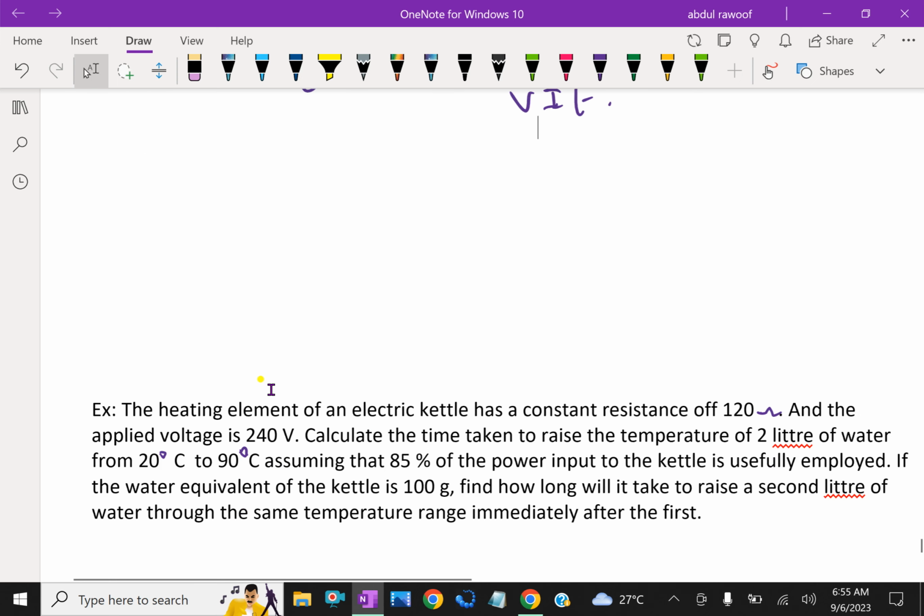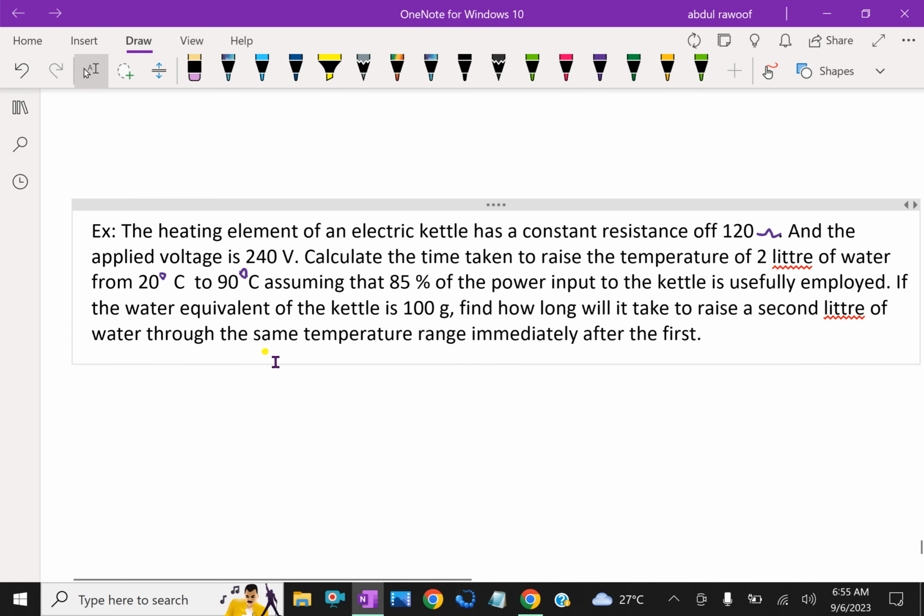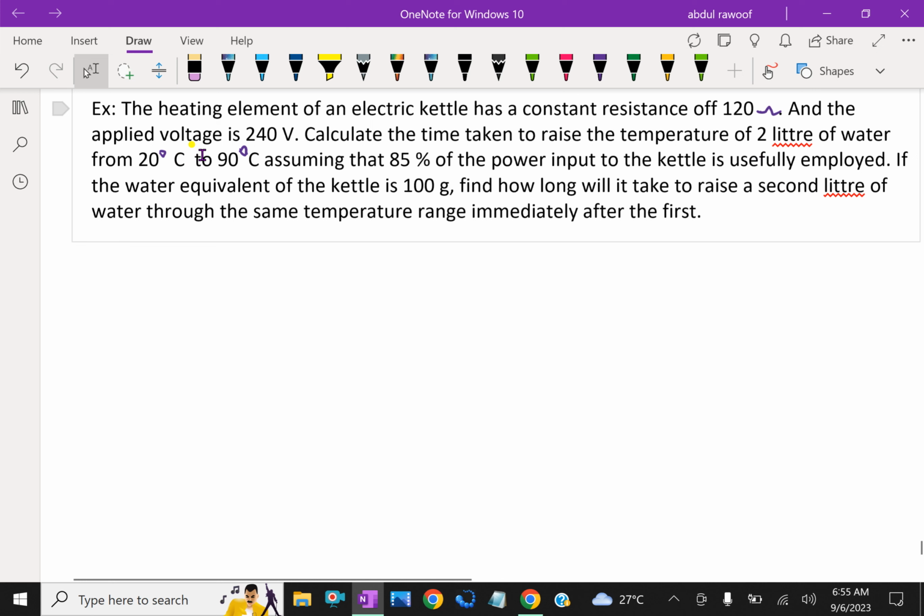Now let us do an example problem. The heating element of an electric kettle has a constant resistance of 120 ohms, and the applied voltage is 240 volts.